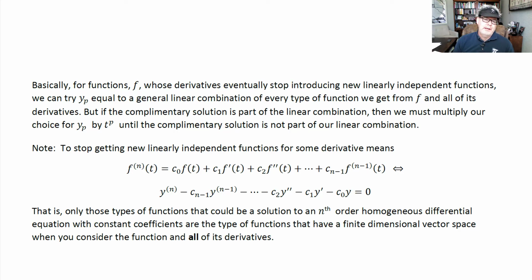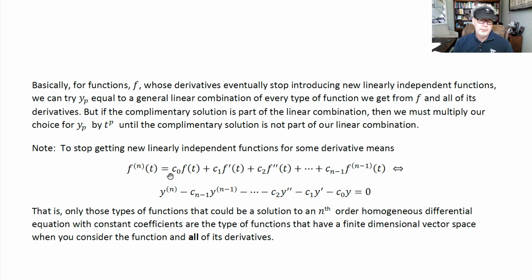Basically, as I write here, if you want a function whose derivative, if you keep taking derivatives, you eventually stop getting a new linearly independent function. Well, what that is saying is that at some point, the new derivative is some combination of all previous derivatives, right?